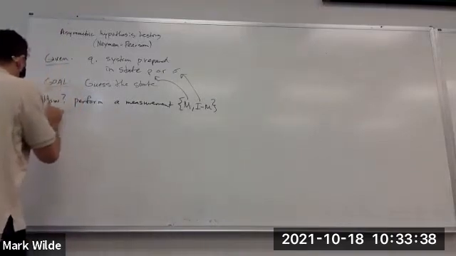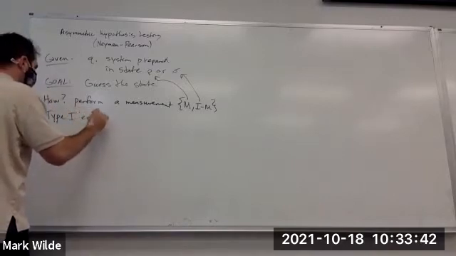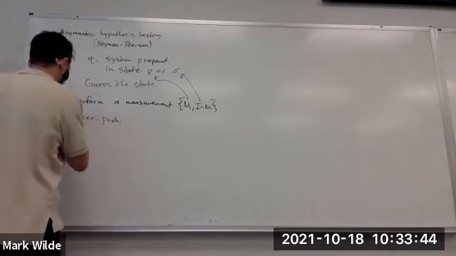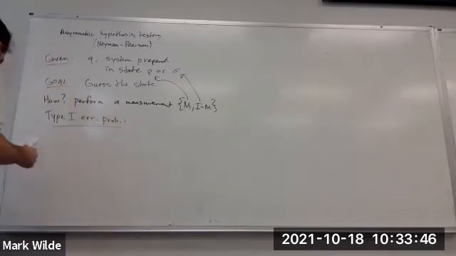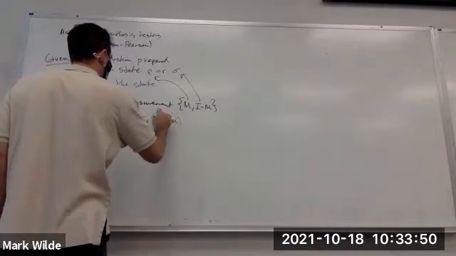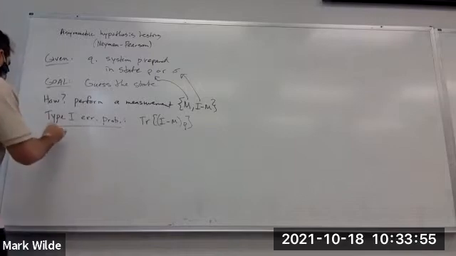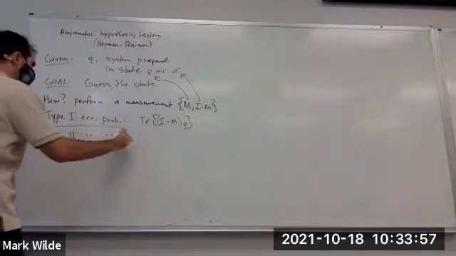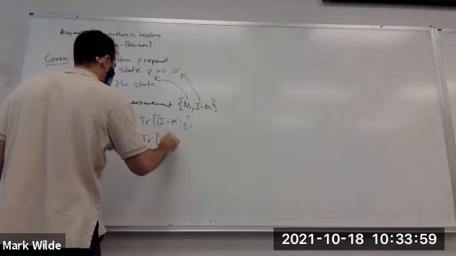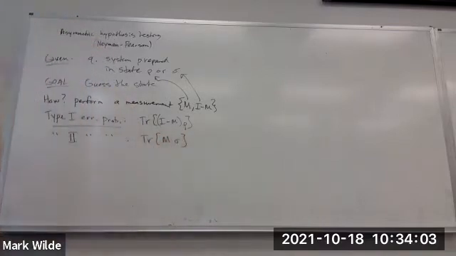So there are two kinds of error probability. We already talked about this, but just consider this a review. The type 1 error probability is the probability you guess sigma, given that the state prepared is rho, and the type 2 error probability is the probability that you guess rho when in fact sigma was prepared.